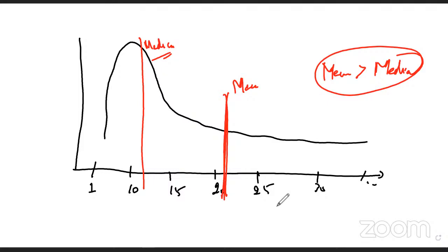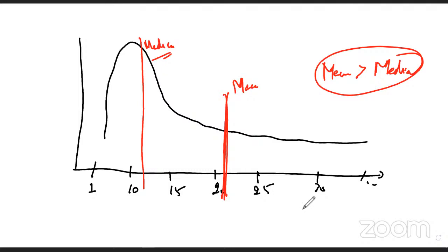Nabila got it, Jyoti. All right. What about left skewness? Mean versus median, how exactly will it be? For left skewness, mean will be less than median.